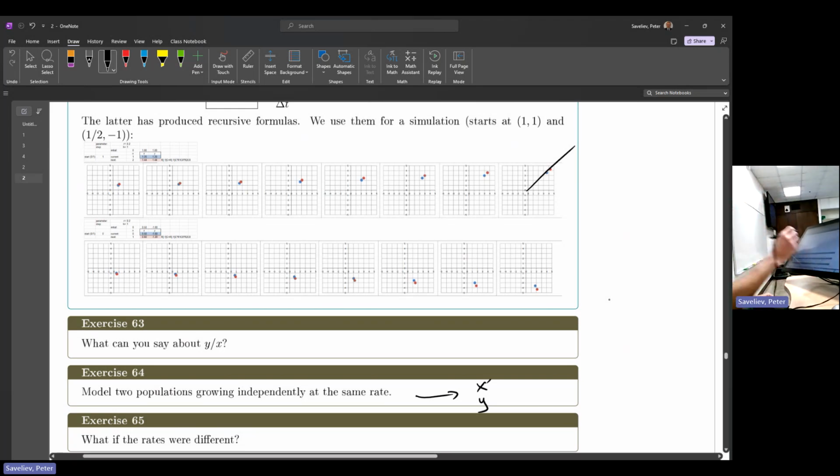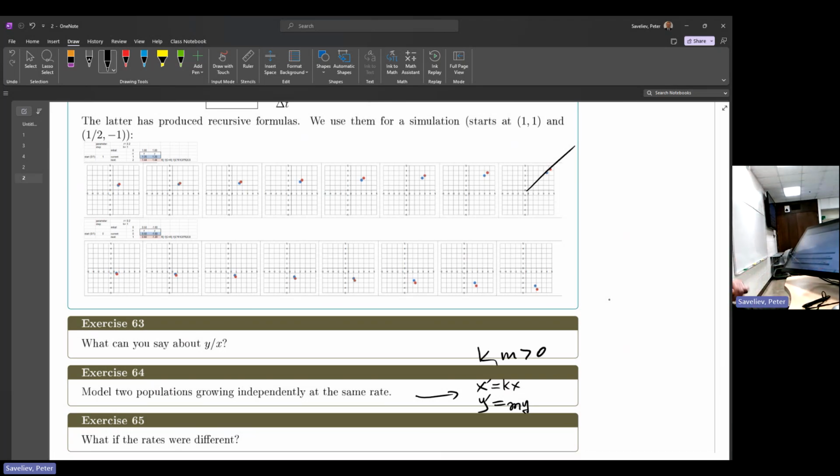Let's be clear, by the way, differentiation is with respect to t, not x, and then the coefficients k and m. You see how x and y do not interact. Let's say they are both positive, so they are growing.